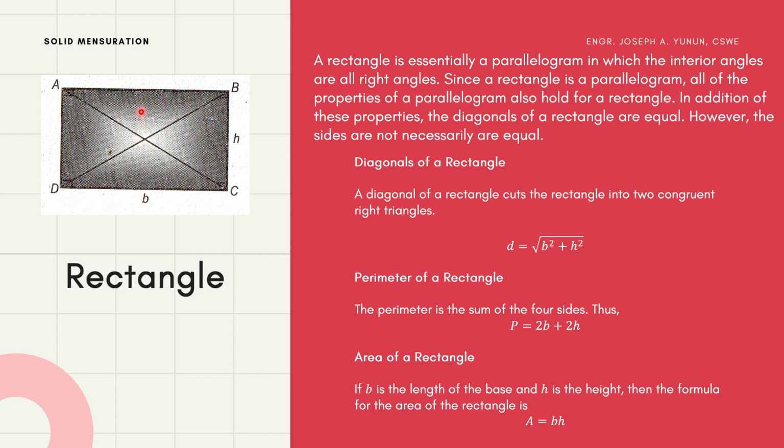So b plus b gives us 2b, and the height is equal to this value here, so h plus h gives us 2h. So twice the base plus twice the height.